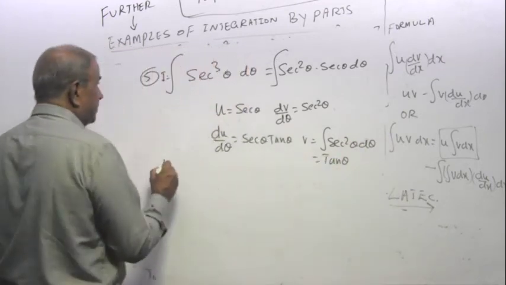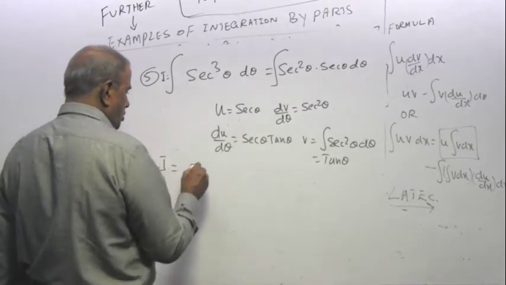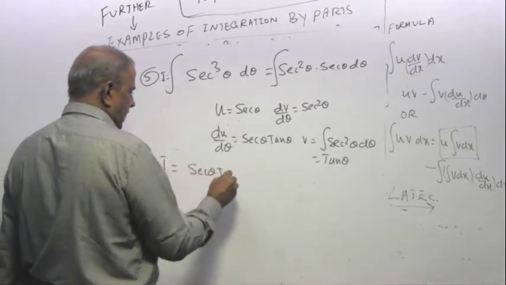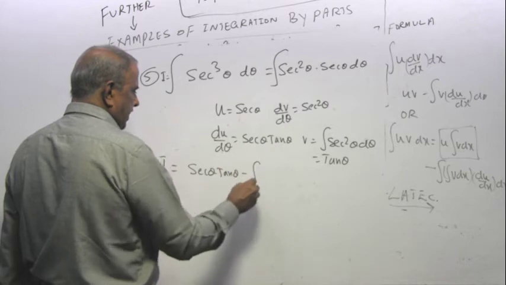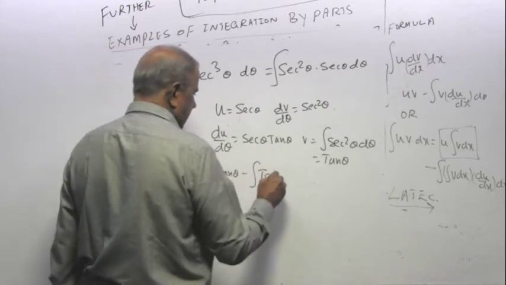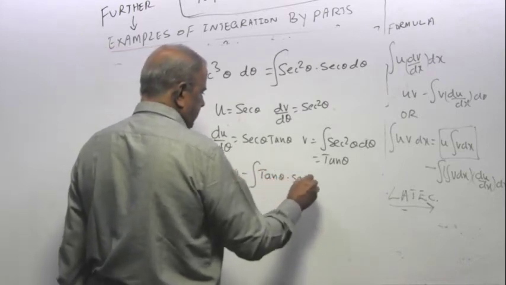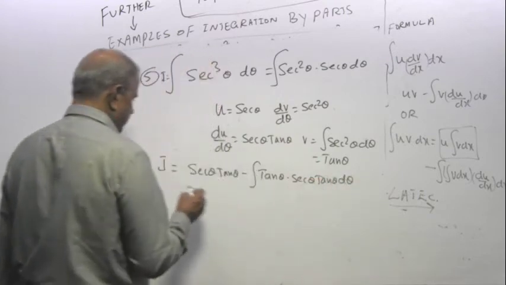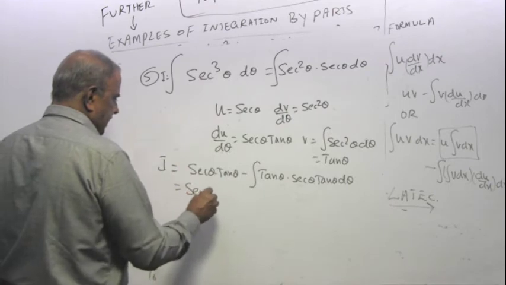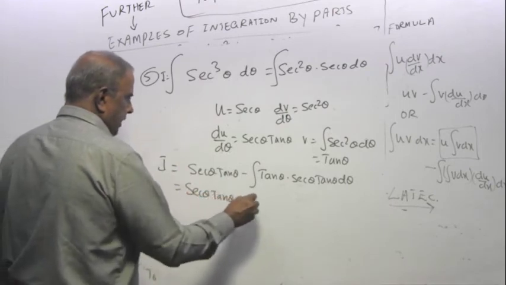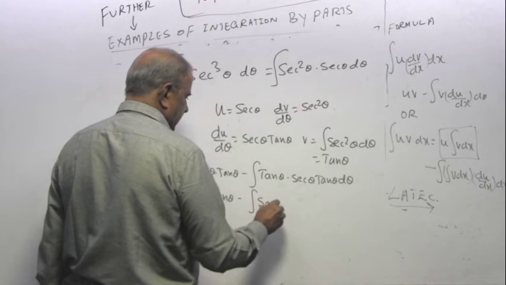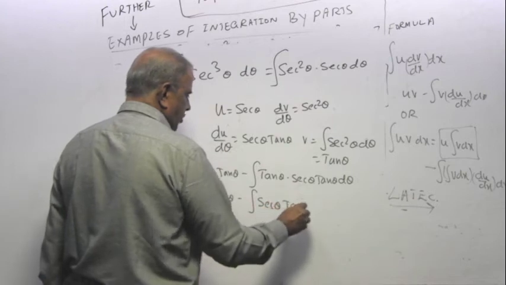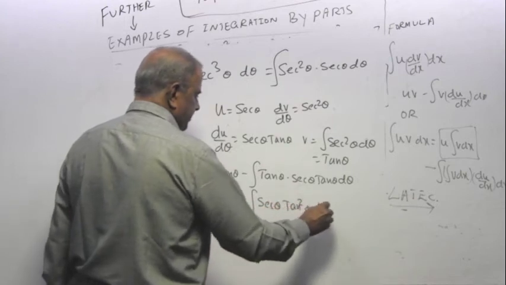So I equals uv minus integral v du. So that is sec theta tan theta minus integral sec theta tan squared theta d theta.